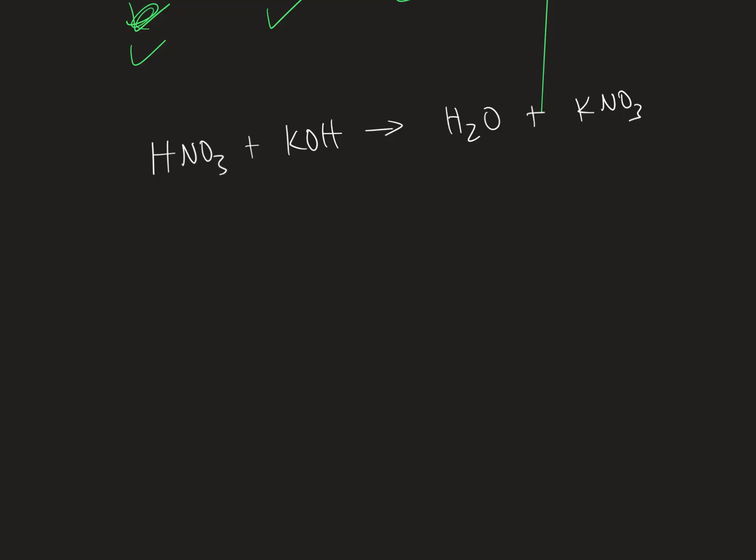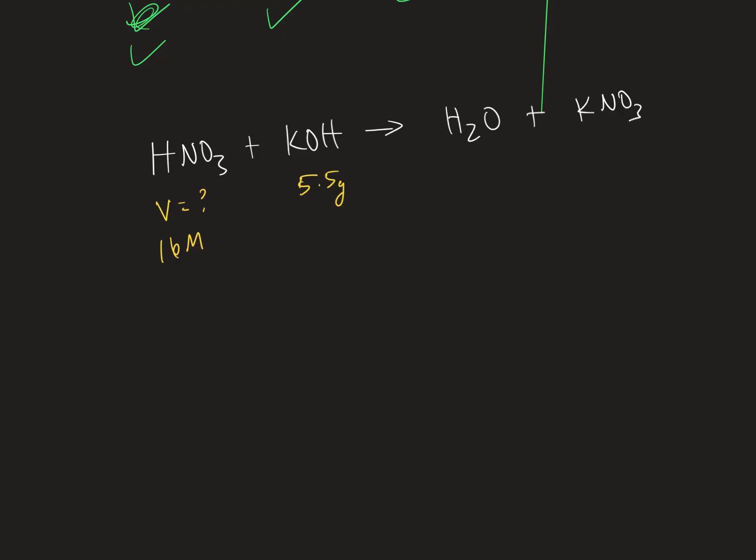So it says what volume, so we're looking for volume of HNO3 solution that has a concentration of 16 molar. Y'all with me? What volume would you use to react with 5.5 grams of potassium hydroxide, according to this equation?